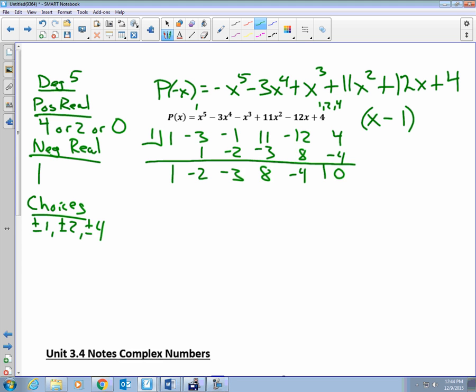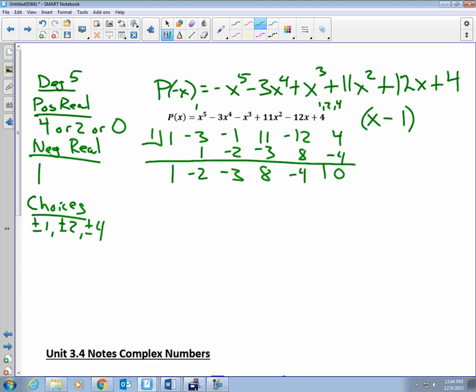Good, it divides evenly. Are all these signs positive? No. Do they all alternate? No, so we don't know if one is an upper bound or a lower bound. So that bound part doesn't really play a role here.